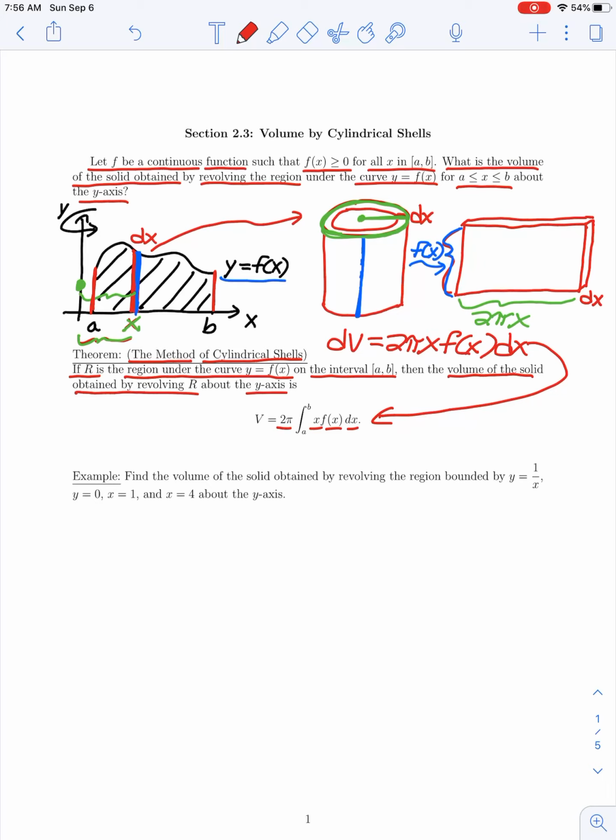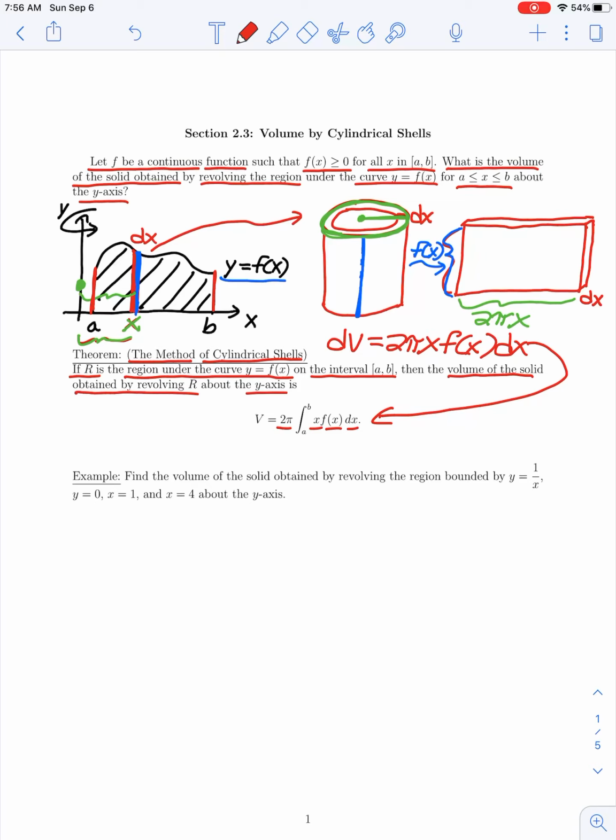So this gives us another technique for determining the volume of a solid of revolution, where our region might be more easily sliced with a little vertical strip, and we're revolving about a vertical axis.